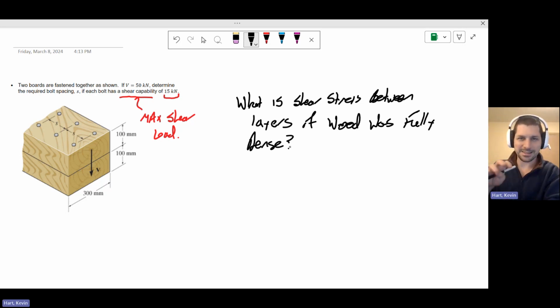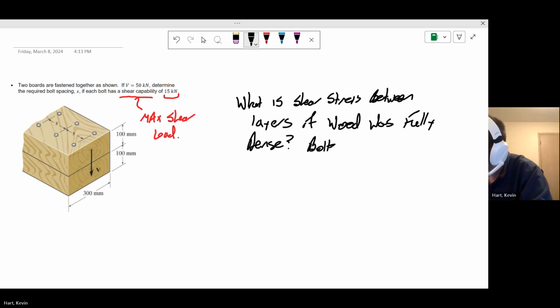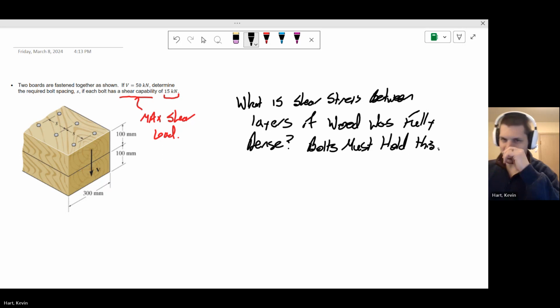That's how much the bolts need to stop, right? So bolts must hold this. All right, so let's calculate what the shear stress would be if the board was fully solid.